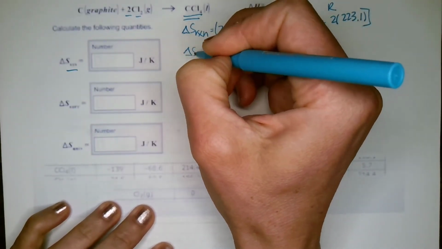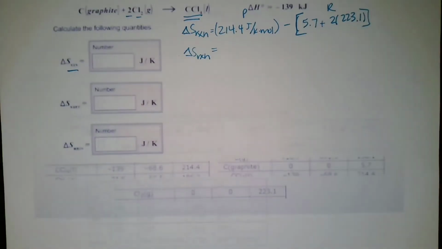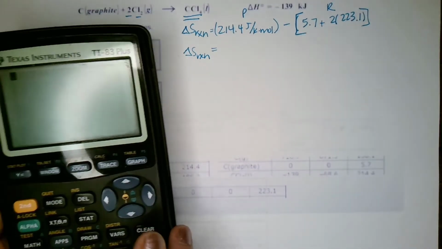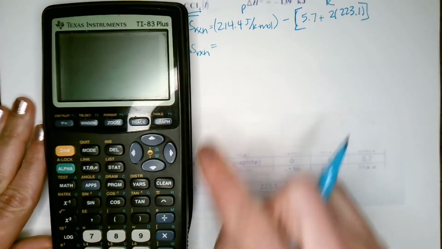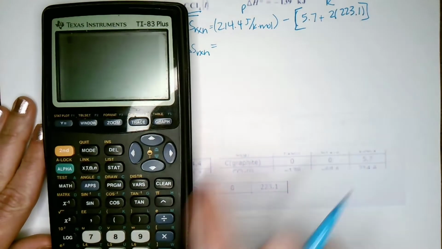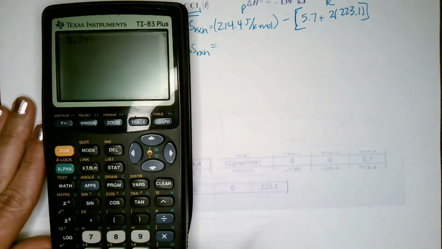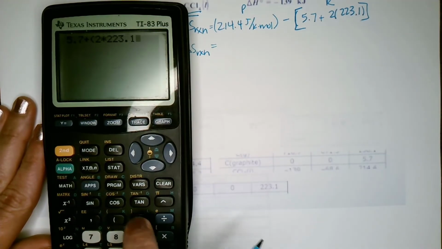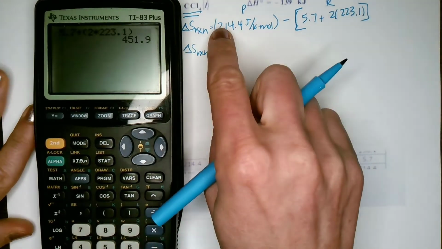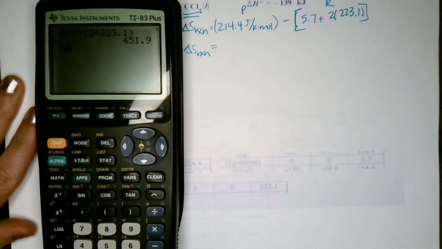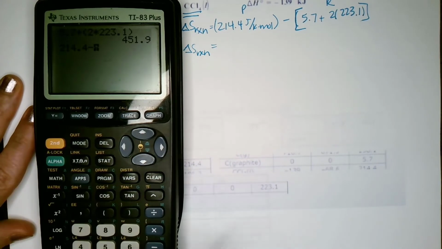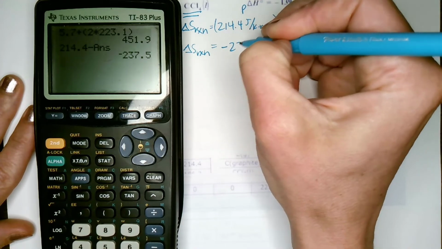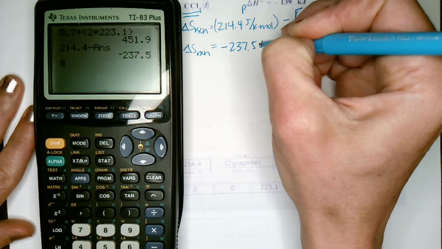So our delta S for the reaction, when we do our products minus our reactants, given our entropy values from our thermodynamics chart, we're going to do, let's see here, 5.7 plus 2 times 223.1. And then I'm going to do 214.4 minus that answer. And I got an entropy value of negative 237.5 joules per Kelvin.